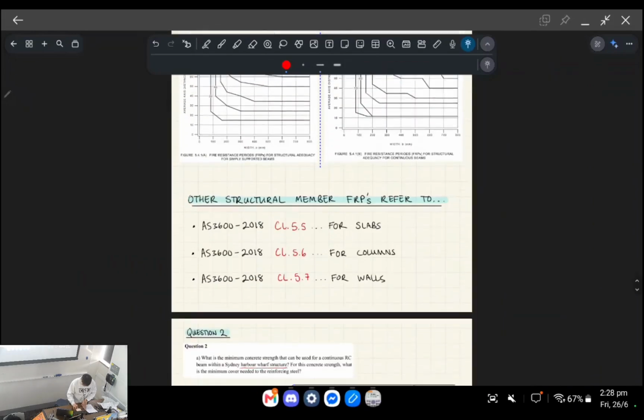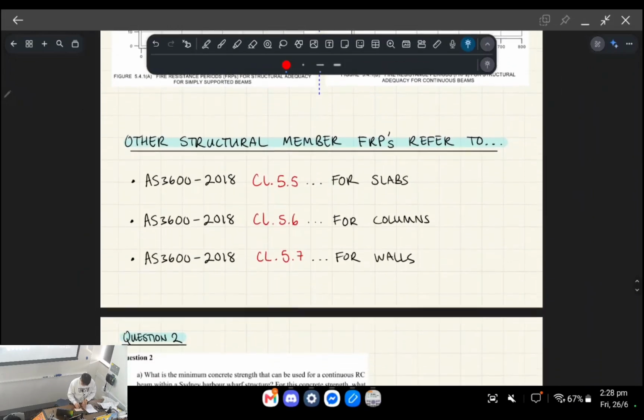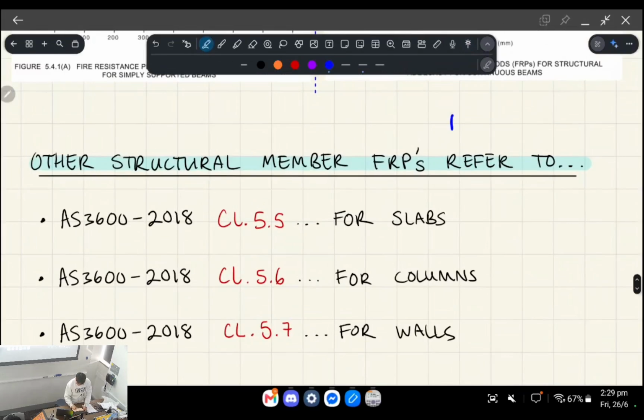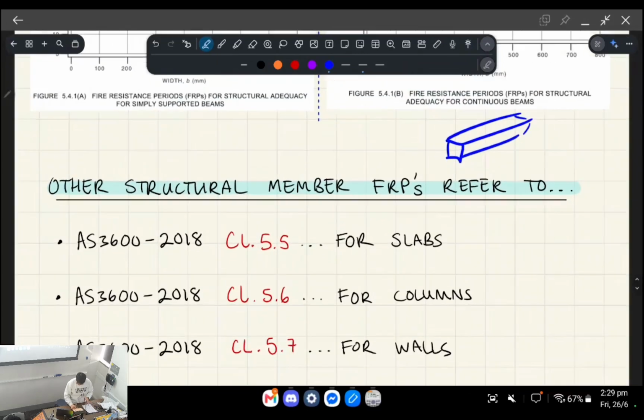Okay, so one more thing I would like to mention is in this course, we only cover fire design for beams, but if you're a structural engineer in industry, you would refer to these clauses for slabs, columns, and walls, which are designed essentially a little bit differently. The main difference I would say is that if you think about a beam, it's essentially like a one-dimensional member, right?